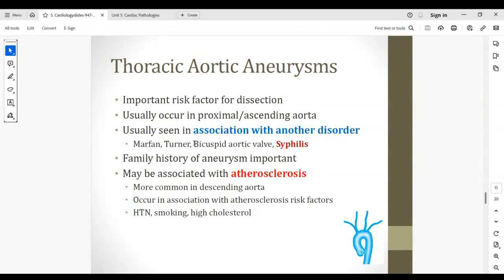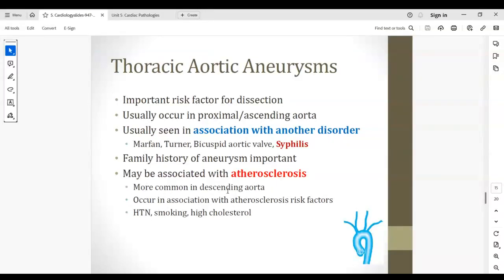It usually occurs in the proximal and the ascending aorta, because these are high tension or high pressure areas, as the heart is just here. It is usually seen in association with another disorder like Marfan syndrome, Turner syndrome, bicuspid aortic valve, or syphilis. Family history of aneurysm is important too because it runs in some families, and may be associated with atherosclerosis, and this is important because we will talk about that later on.